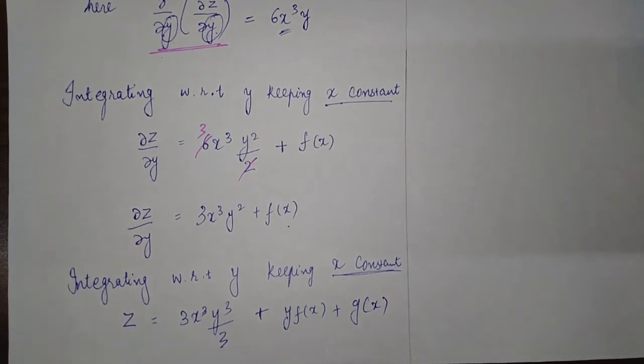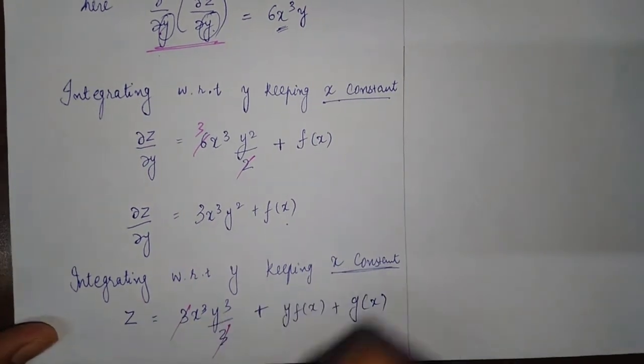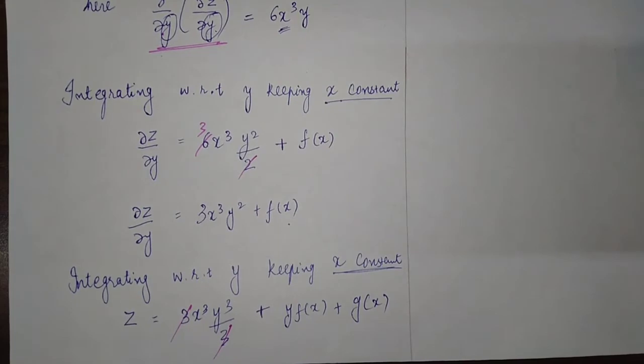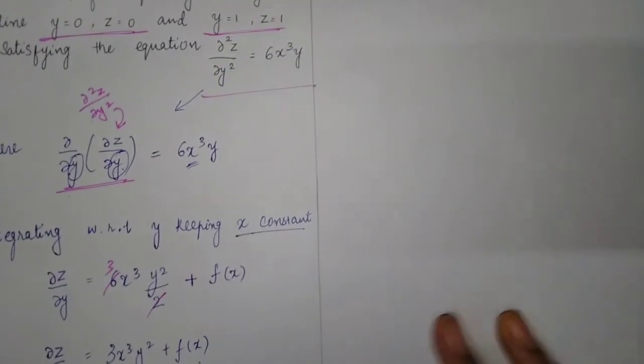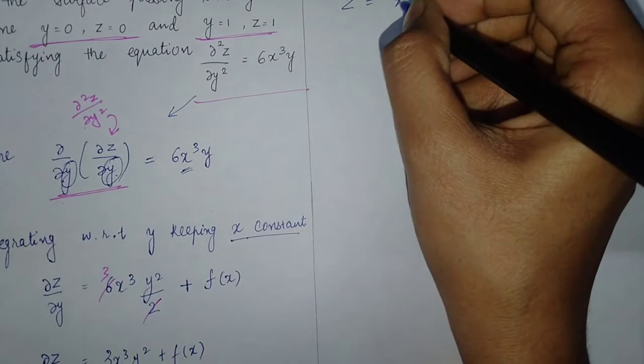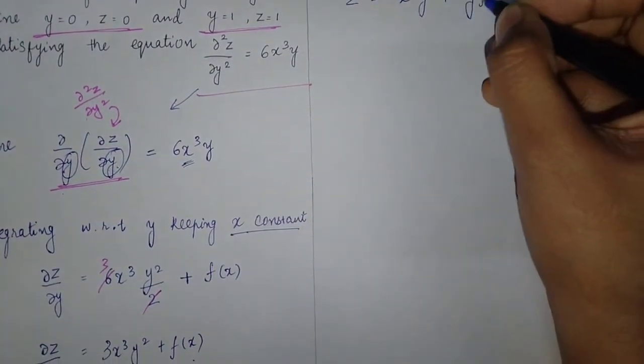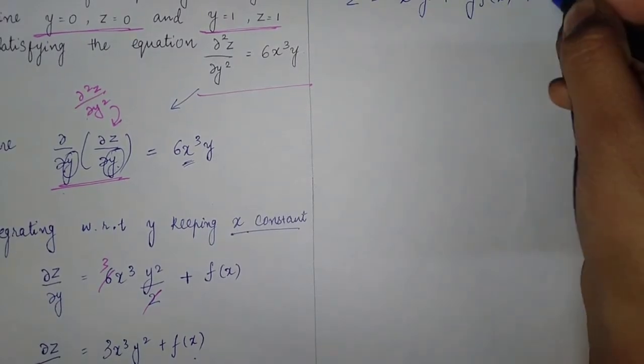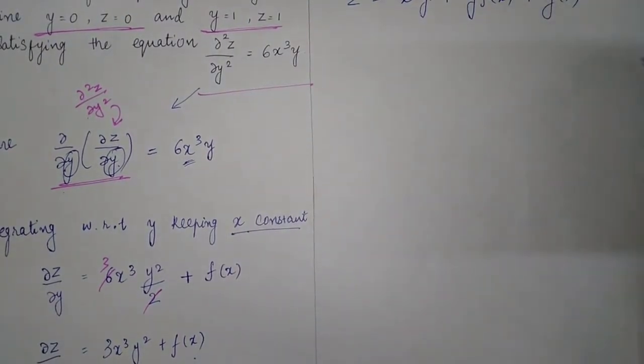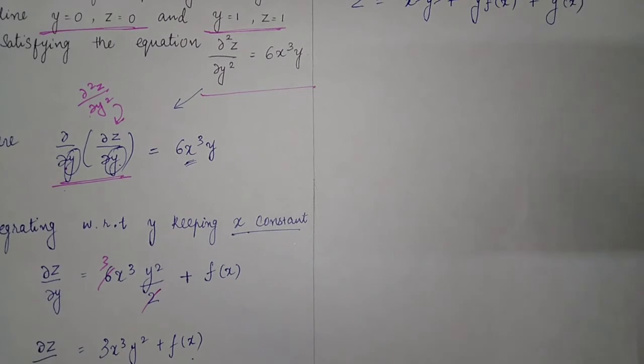So finally you will get z equal to this, both the 3 will get cancelled, so you will get z equal to x cube y cube plus y f of x plus g of x. Okay. So this is the final answer.